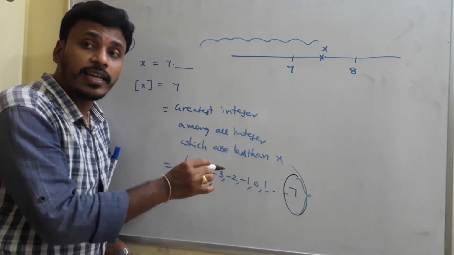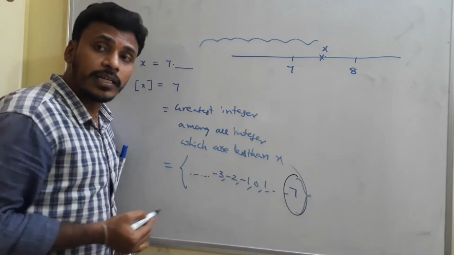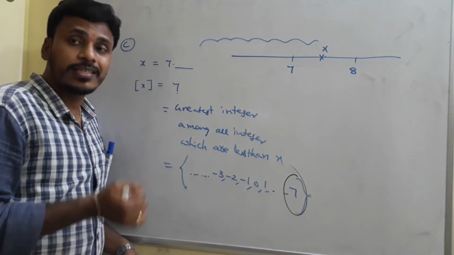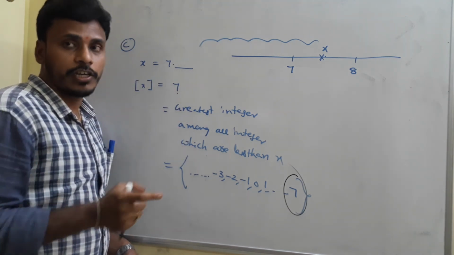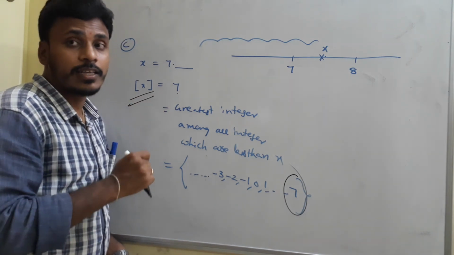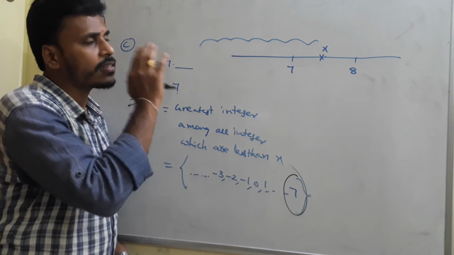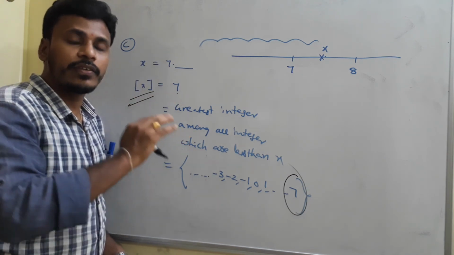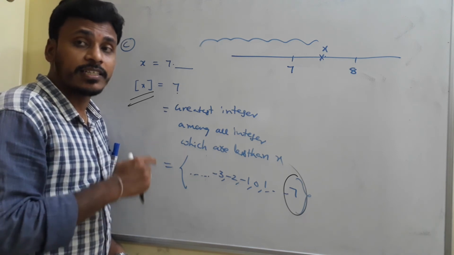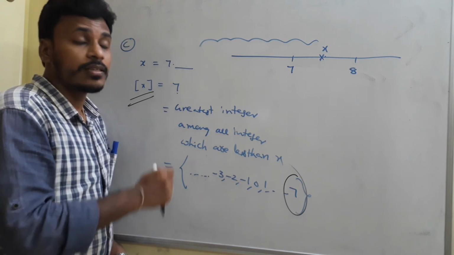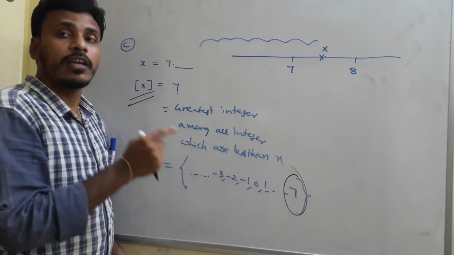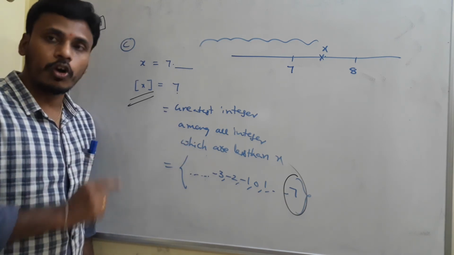Since 7 is the greatest number among all the integers which are less than x, that's why this 7 is also known as greatest integer function, and that's why this step x is also known as greatest integer function. See, if x is in between 7 and 8, directly we say that step x is 7, but why are we calling it the greatest integer function? Just because that 7 is the greatest integer among all the integers which are less than x, and that's why we call it like that.